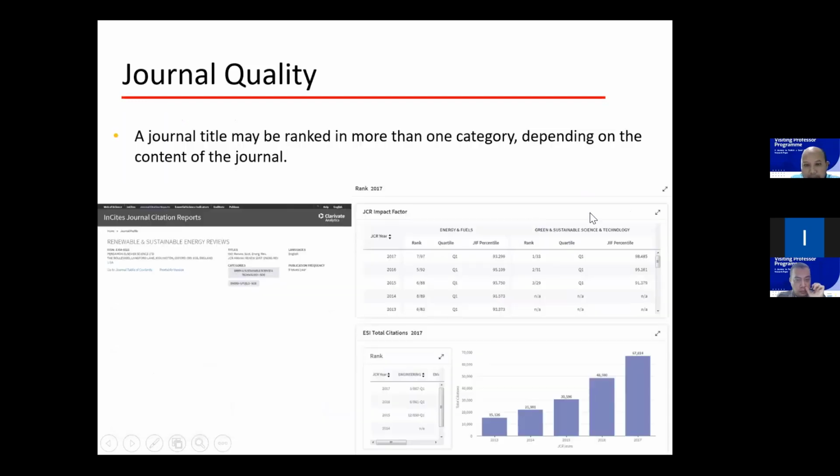Okay, and a journal can be categorized under more than one category. For example, a journal called Renewable and Sustainable Energy Reviews. It can be in energy and fuel, and it also belongs to green and sustainable science and technology. Okay, so they have different categories there.